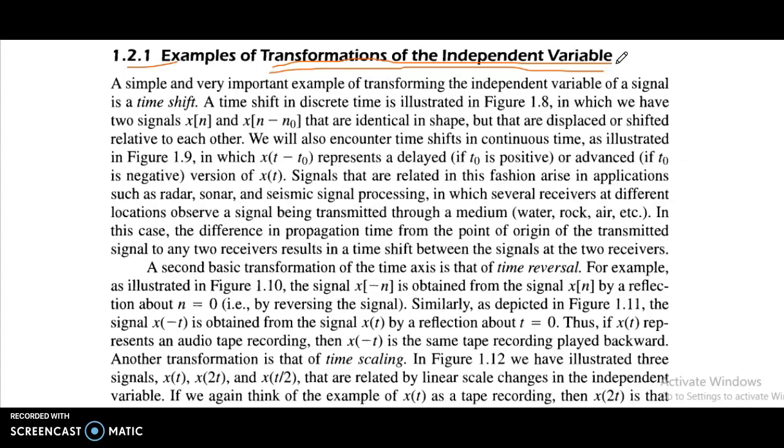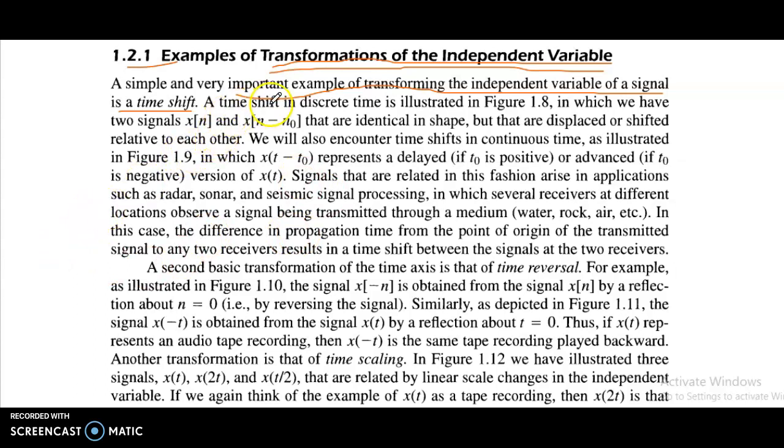Here, a simple and very important example of transforming the independent variable of a signal is time shifting.